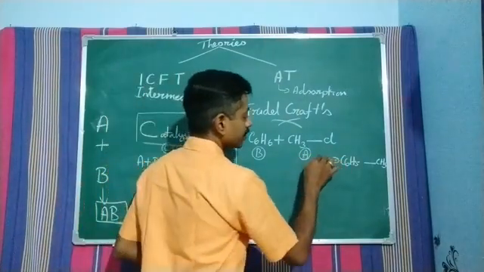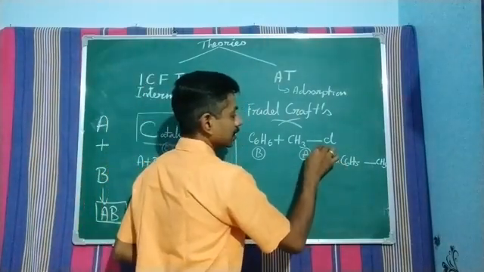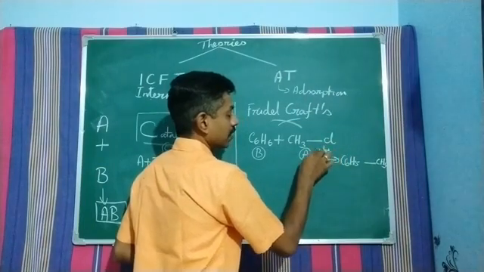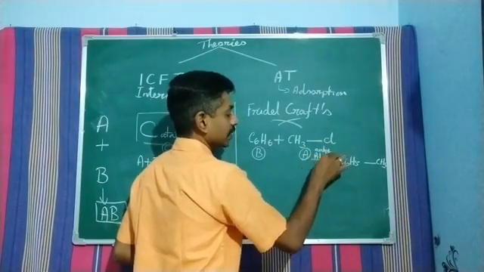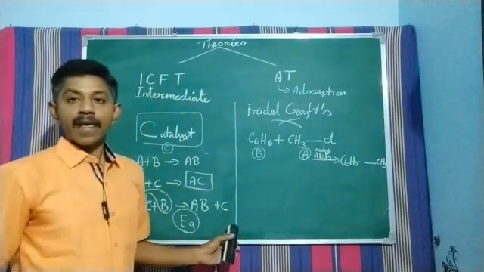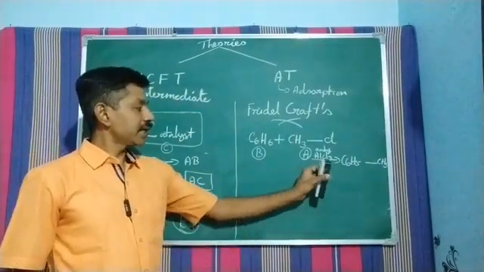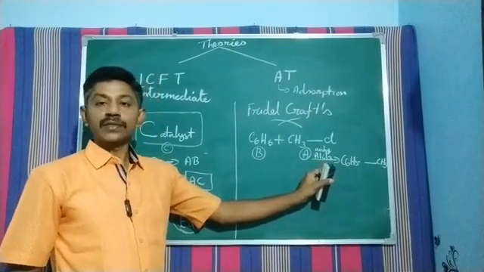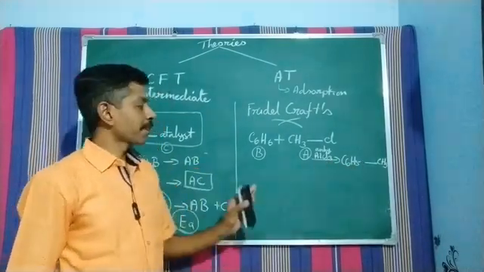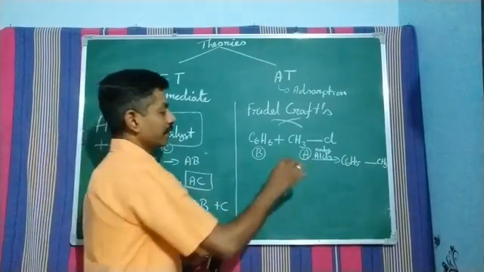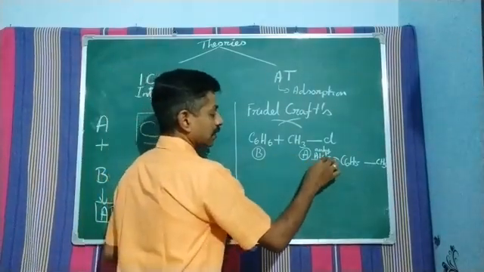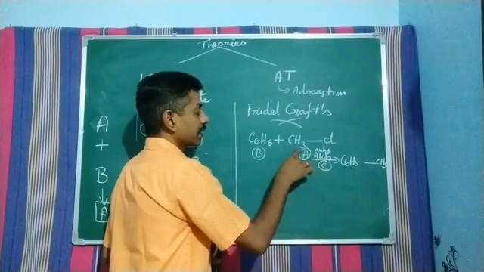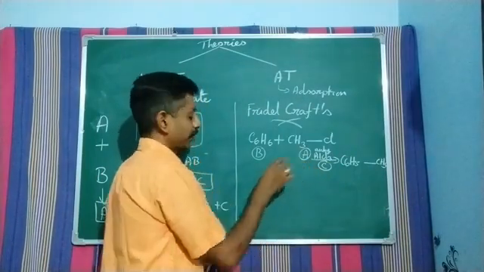For this reaction, we are going to add a catalyst, that is anhydrous aluminum chloride, AlCl3. This anhydrous aluminum chloride will help us to reach the product. How? First, this catalyst C will react with A. A is methyl chloride.